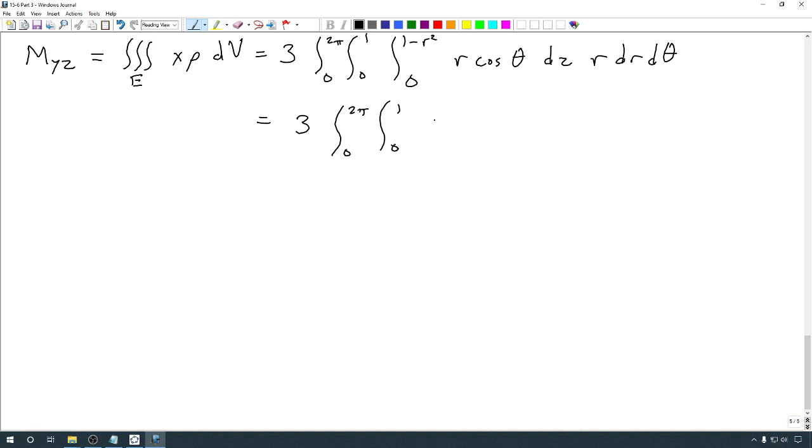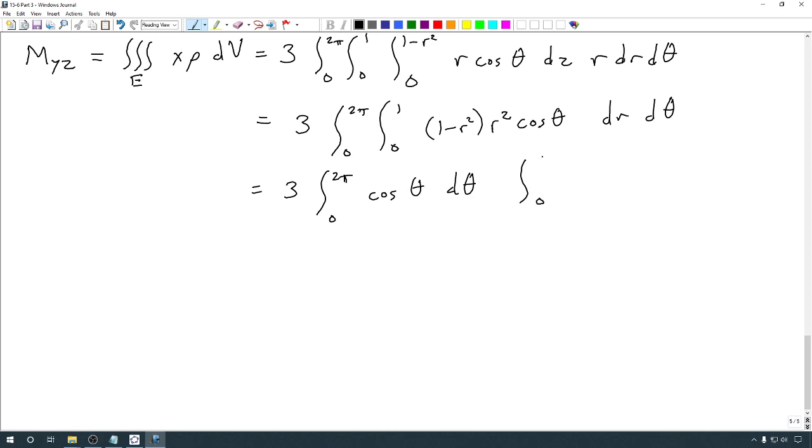So we have 1 minus r squared. We have r times an r, so we have another r squared. We have a cosine of theta, dr d theta. I'm going to go ahead and split this up. So we have that 3 still out there. The cosine of theta, we can just go ahead and do the integral of that out here.